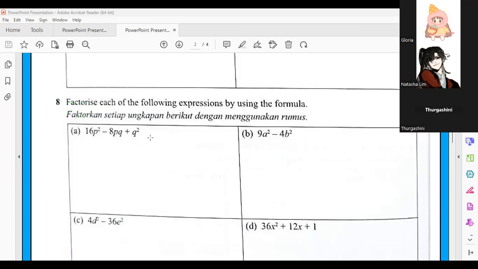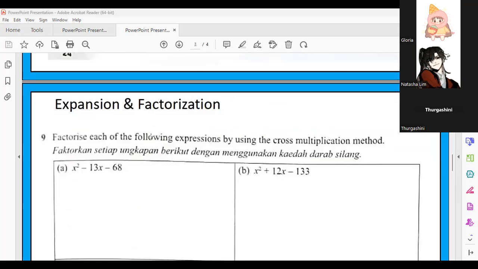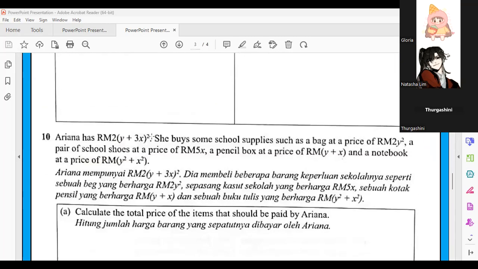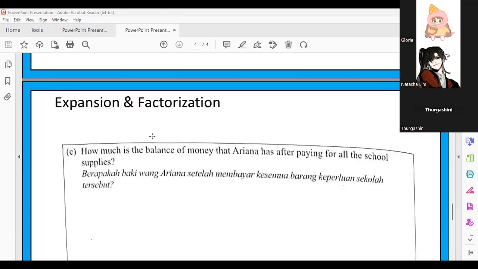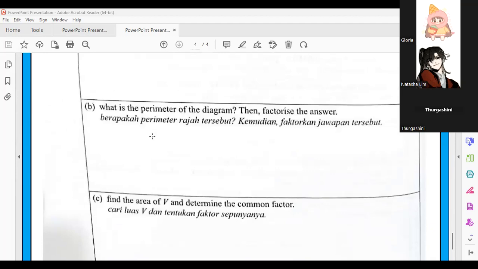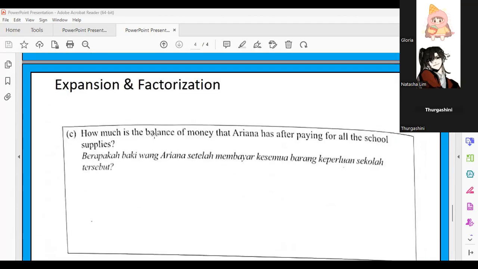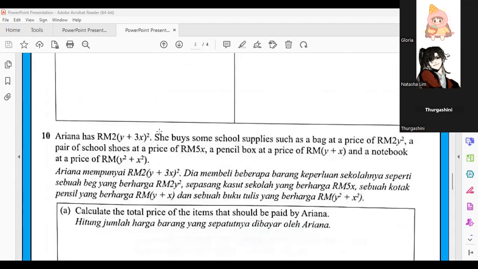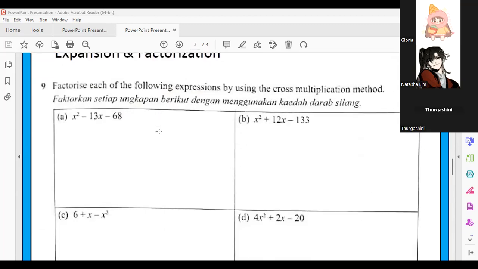Okay, this module. So please try this module out. If you can do this, you got your band 4 for your maths for this chapter. Okay. This is all word problems already. And for this one, you can use the cross multiplication.